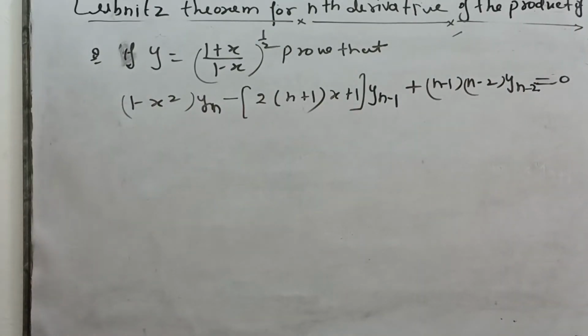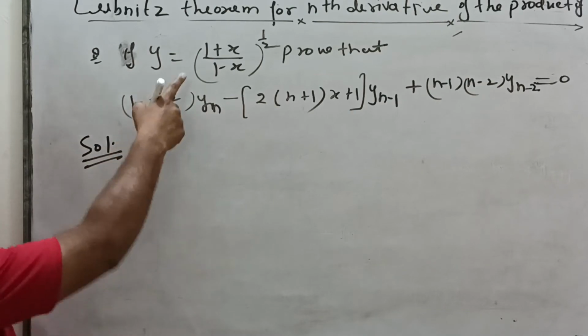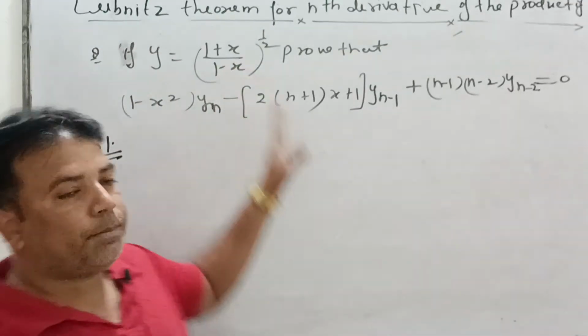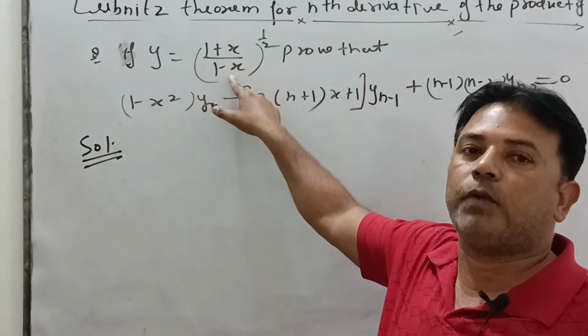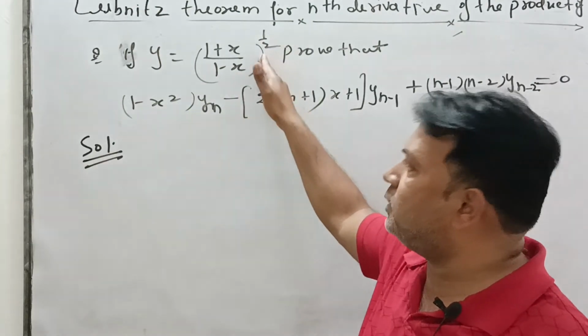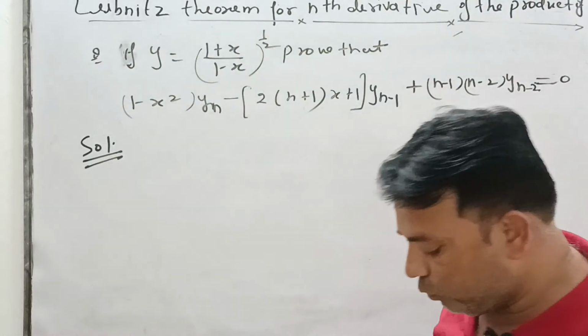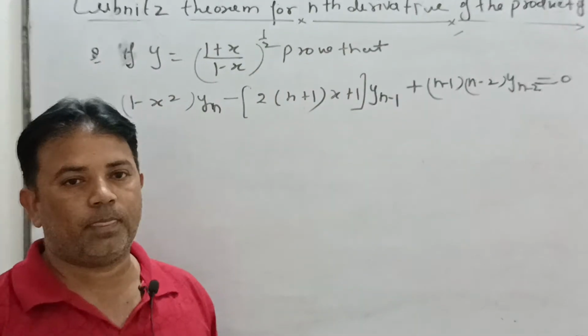First we make this question a product of two functions. Here this is not a product of two functions, this is a function in division. So first we change this function into a product of two functions. After that we apply the Leibniz theorem.